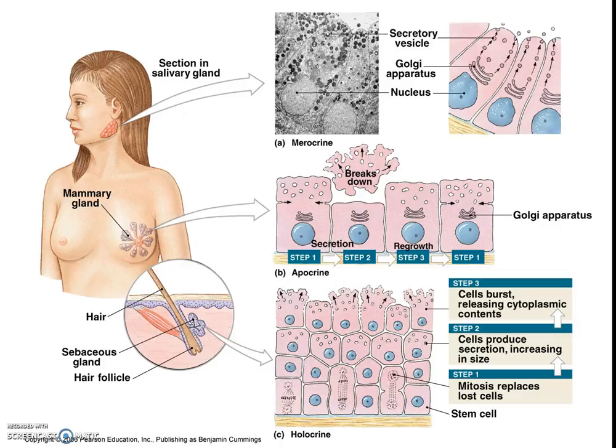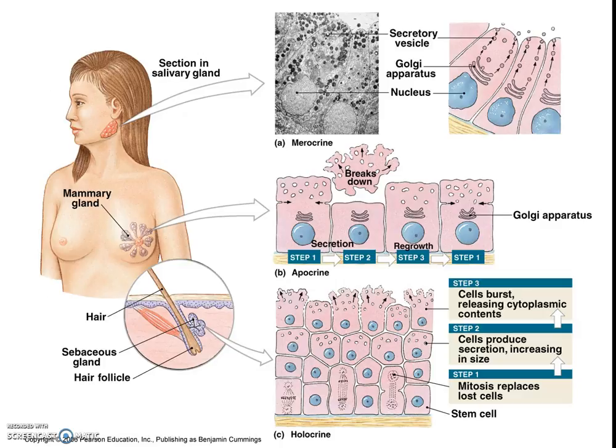Okay, the next type of secretion is something we would see in the production of milk for the mammary glands, and it's called an apocrine secretion. Notice that we also have cells in this case. Again, they have a free end, they have a basement membrane connecting them to connective tissue, and they're also producing a product.